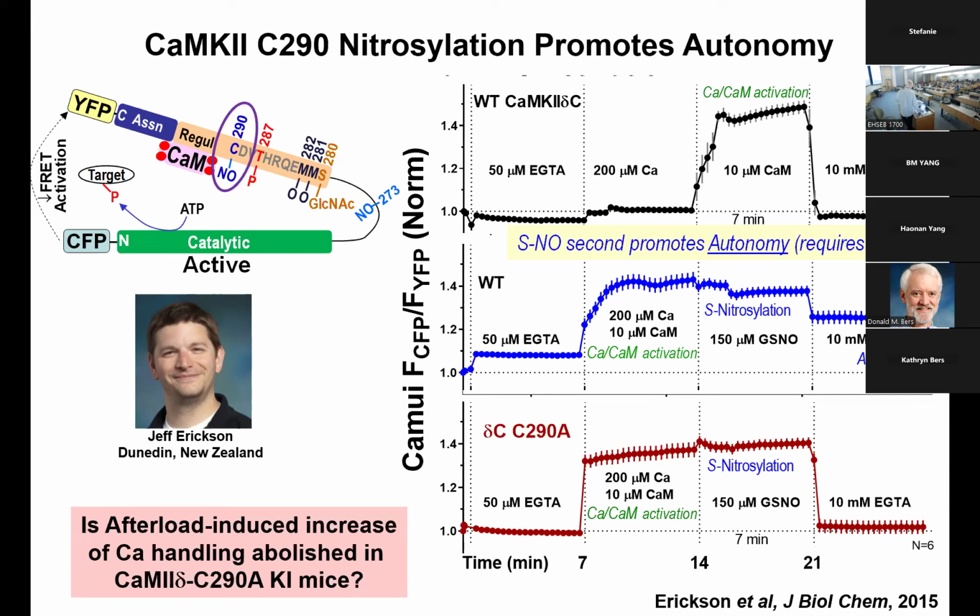This is a snapshot from a JVC paper from then, looking at the Camui reporter that we used. You can see that if you put calcium on, it doesn't do anything. If you add calcium and calmodulin, it activates. You take away the calcium, it comes back down. If instead you do the activation in one step, and then you put on GSNO to S-nitrosylate things, you see that CaMKII stays activated, the autonomous activation we talked about.